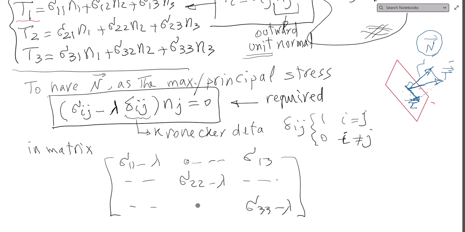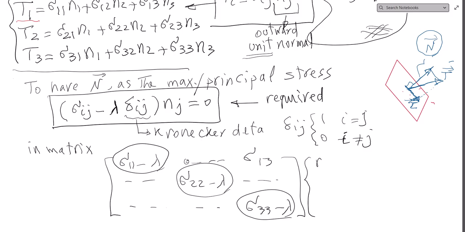I don't write the rest of the elements here, but basically only the diagonal is affected, because delta ij is non-zero only on the diagonal, and for the rest of the elements it is 0. And then here you get n1, n2, n3 equal to 0. So we would like to solve this system of equations.